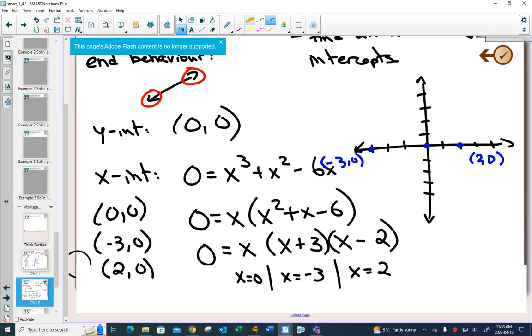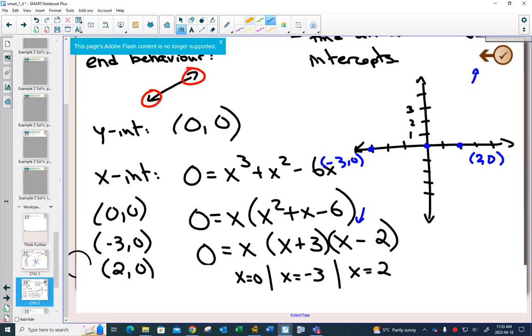And anytime you graph, you have to make sure that you provide a scale on your x-axis and your y-axis. Usually this can be done by labeling your points. But if I labeled the points here, I wouldn't have anything on my y-axis, so I just labeled it 1, 2, 3. I have all my points. I have my end behavior. My end behavior says you start down here and you end up here.